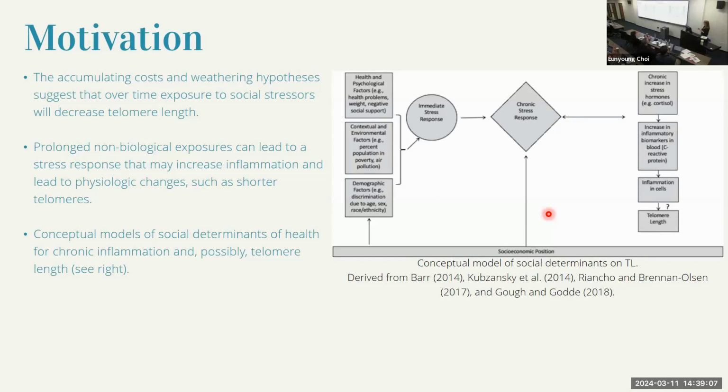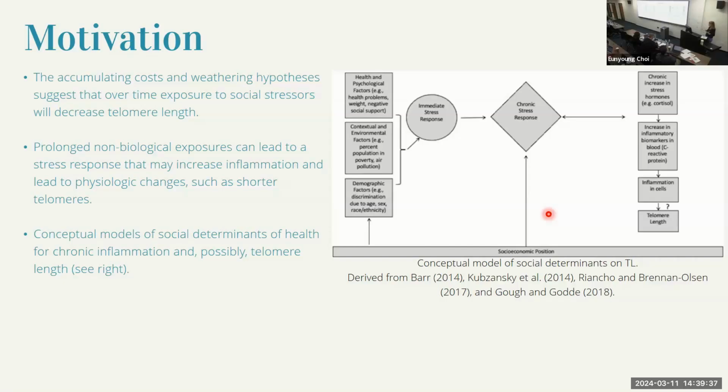Exposure to lots of these stressors can potentially lead to immediate stress responses, and for some people, a chronic stress response. That chronic stress response then can lead to an increase in stress hormones like cortisol, an increase in inflammatory biomarkers like C-reactive protein, which is linked to widespread inflammation in cells.